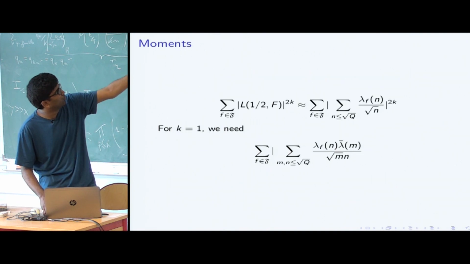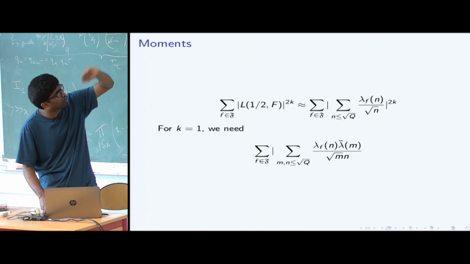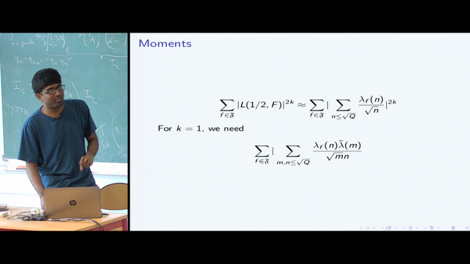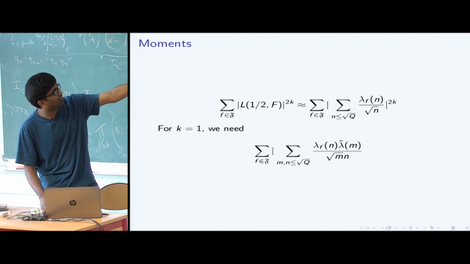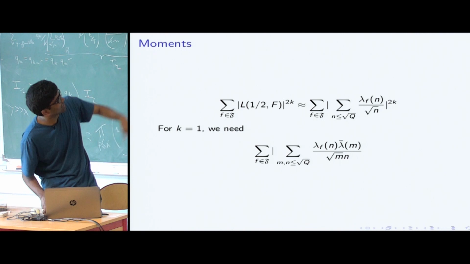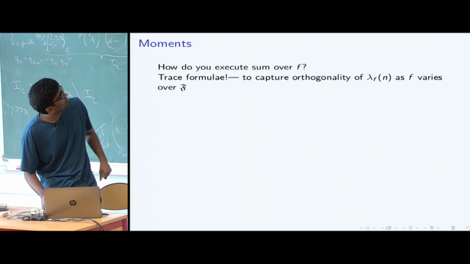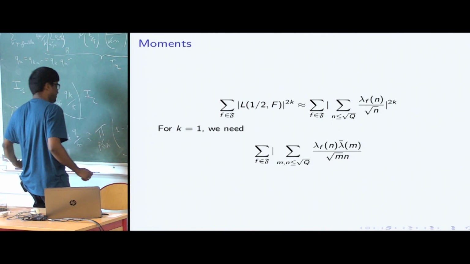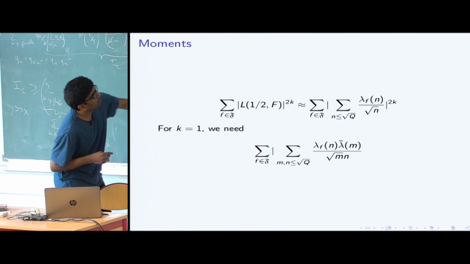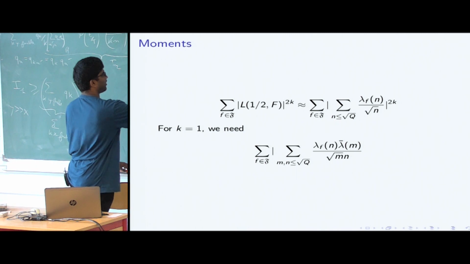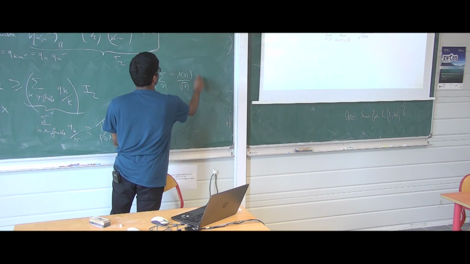So for instance, if you want to understand a moment of L, say the second moment of some family, that's basically summing over f of the square of the sum over n of lambda_f(n) over square root n.